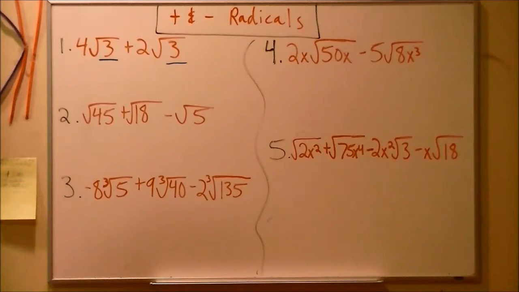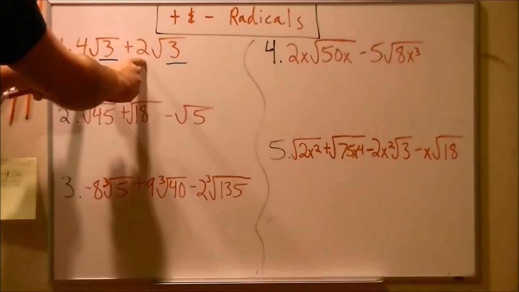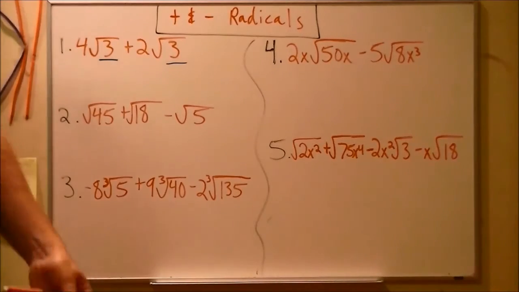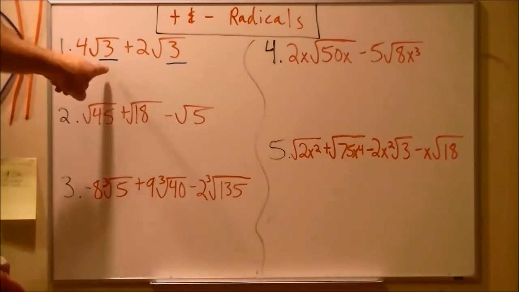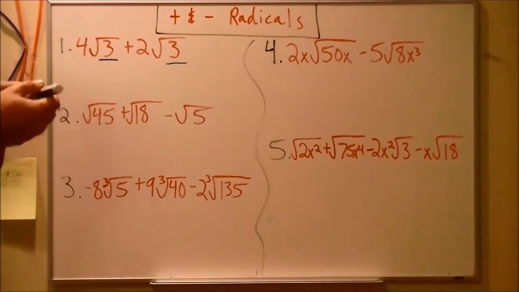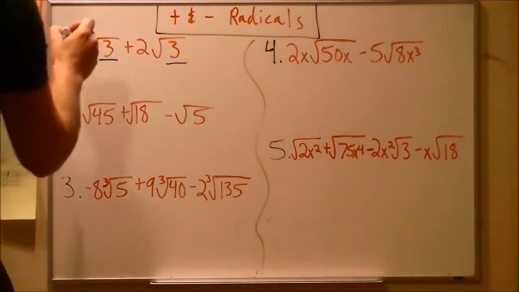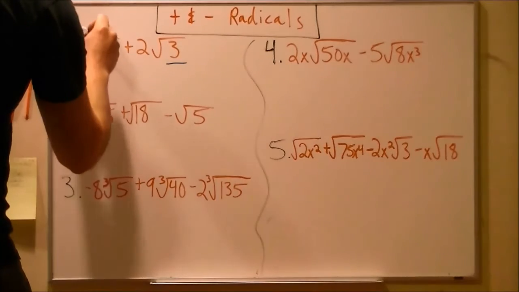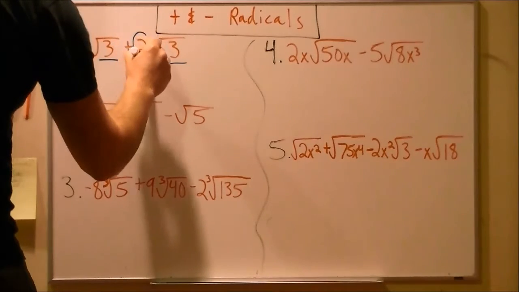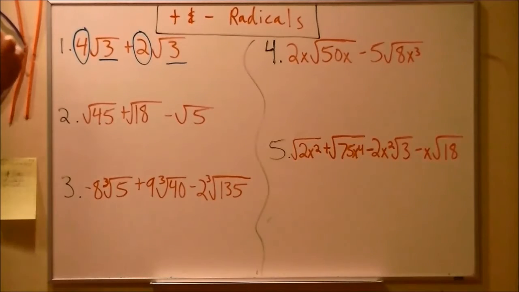When you have a common denominator, you keep it the same, and you just address the numbers that are in front. So because I have the same base, square roots of 3, and I cannot simplify those anymore, all that I do is just look at these first terms, 4 and 2.